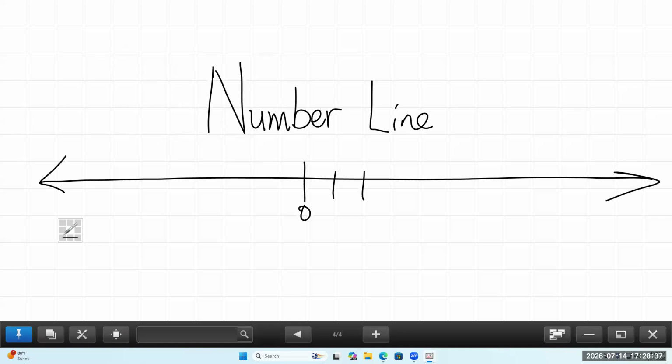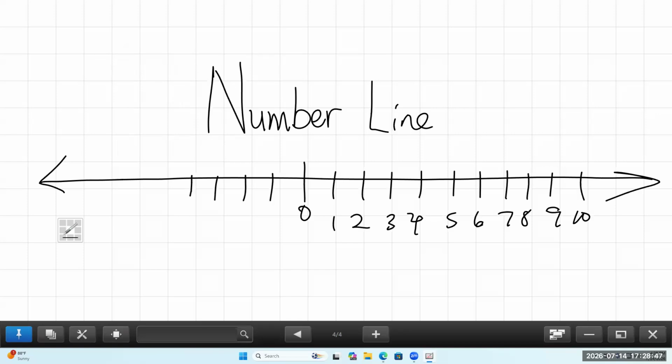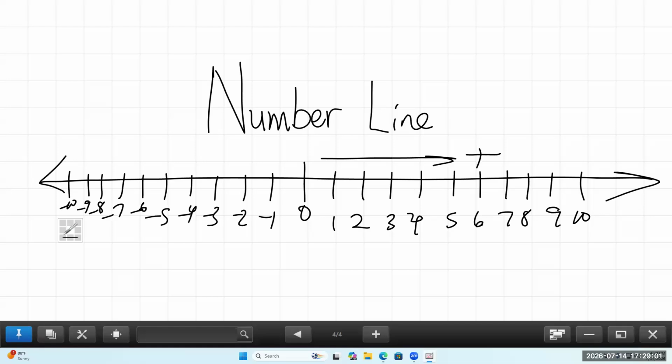This is 0, 1, 2, 3, 4, 5, 6, 7, 8, 9, 10, and then negative 1. On a number line, if you're moving to the right, it's more, there's positive there. You're moving to the left, negative.